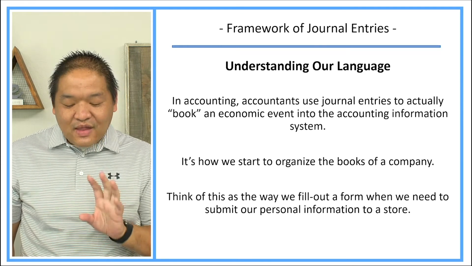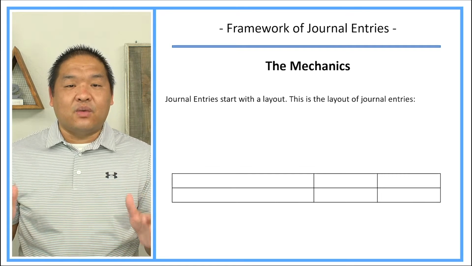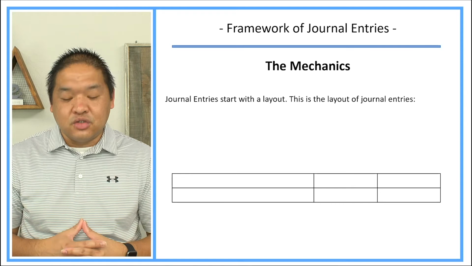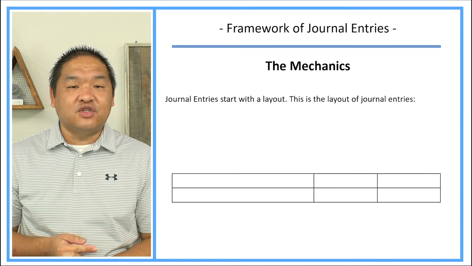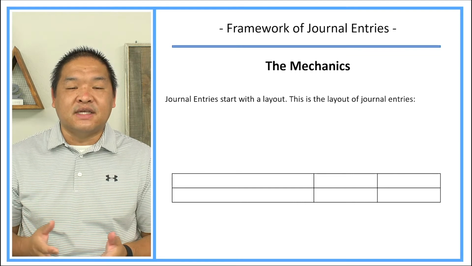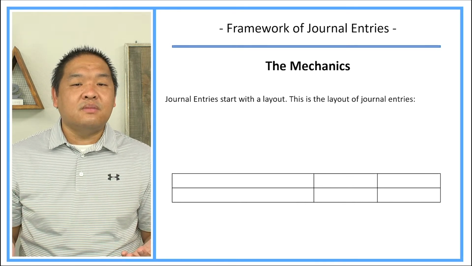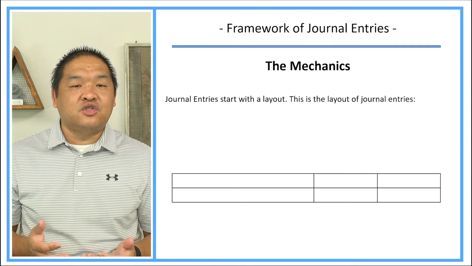All right, so this is the mechanics of how we do it. So what does it look like? Well, this is basically the framework or the mechanics of how we do a journal entry. The journal entry starts with a layout. This is the layout of a journal entry. Literally, it's 6 boxes. Now, we can expand these 6 boxes, but at a minimum, you're going to have 6 boxes in the layout of a journal entry.